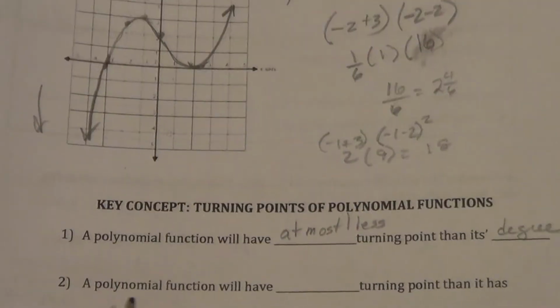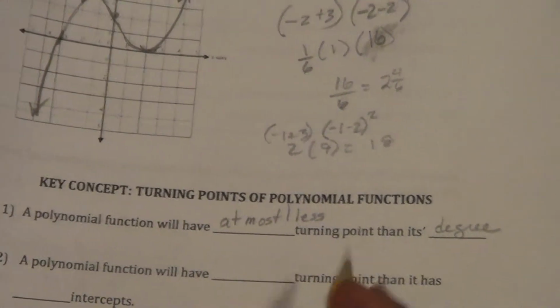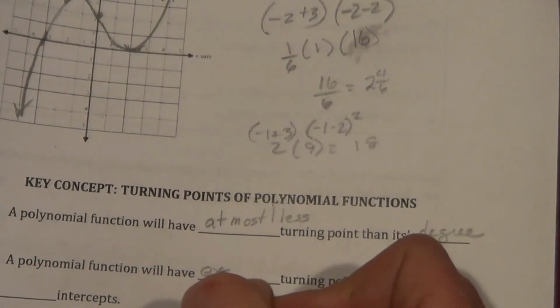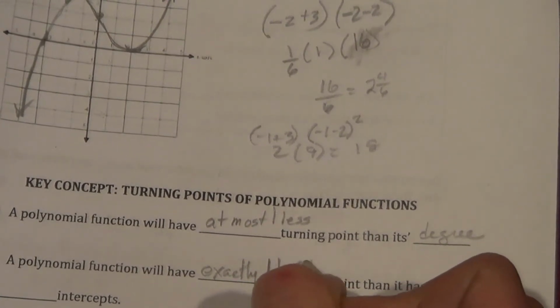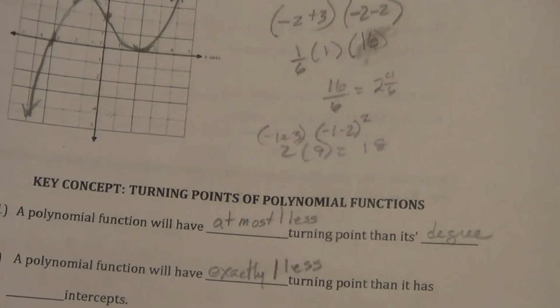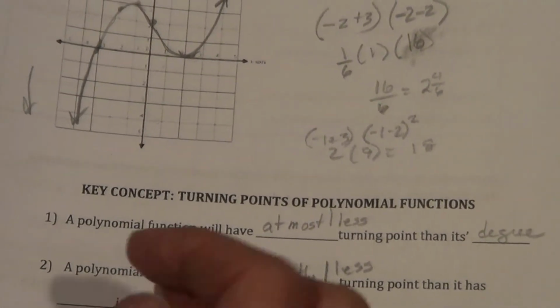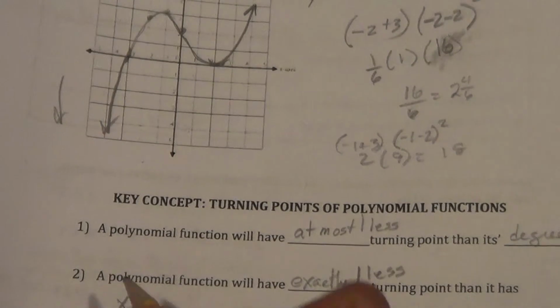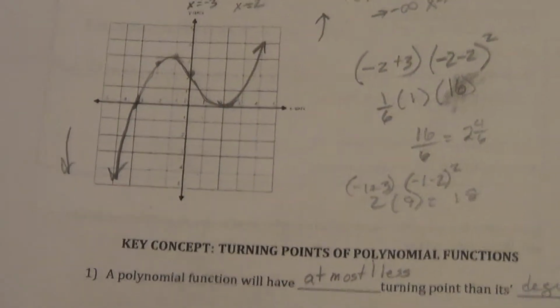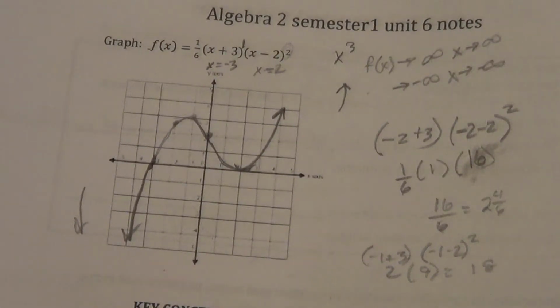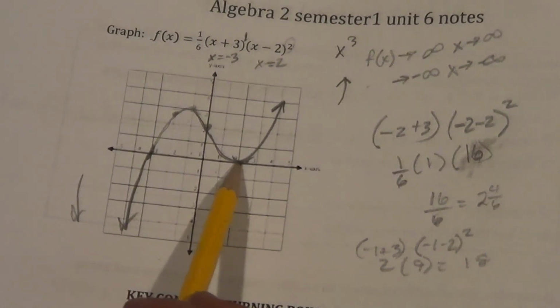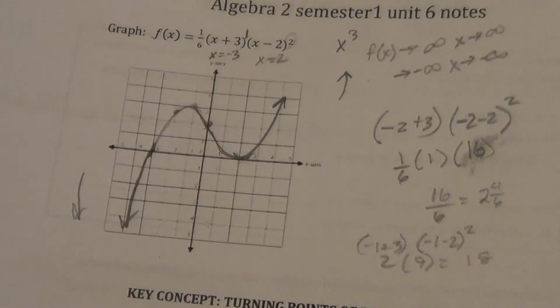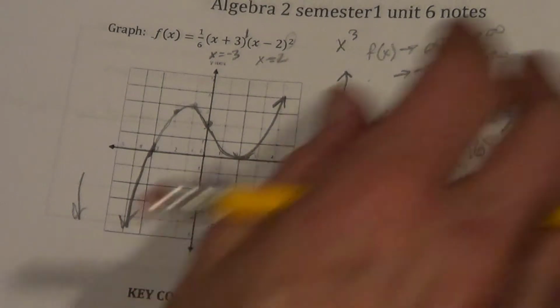A polynomial will have exactly one less turning point than it has x-intercepts. So here, remember we've got an x-intercept here, and we have 2 here because of the tangent. So we have 3 basically. So we've got the 2 turning points.